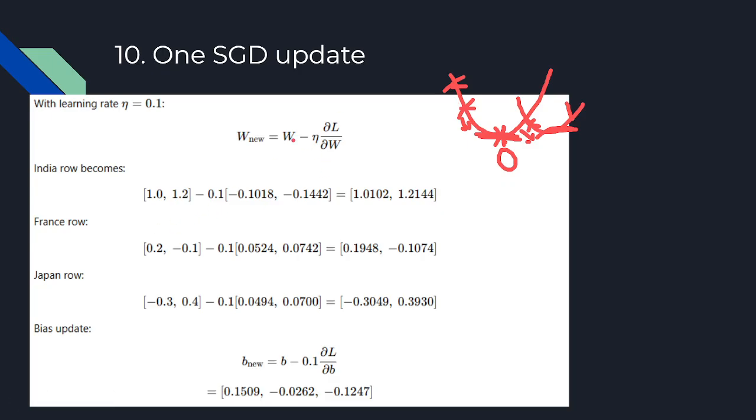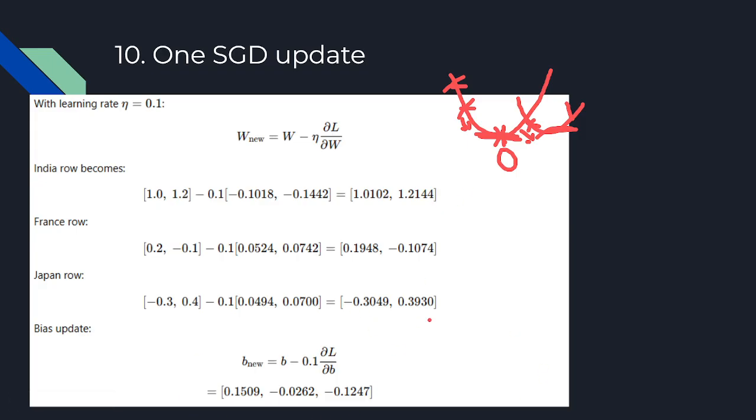Now what we're doing is we're taking the weights, we are subtracting the eta, which is the 0.1 function, times dou L by dou W to reduce it. So the new weights that we have found are these particular things. And similarly, for the new biases, we can say B minus 0.1 into dou L by dou B, so that we are taking the gradient at that particular point and moving towards the local minimum.